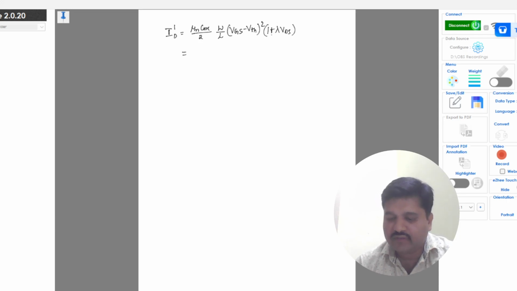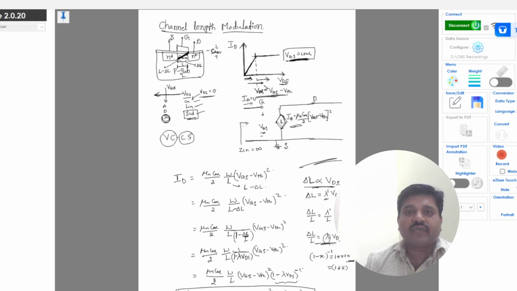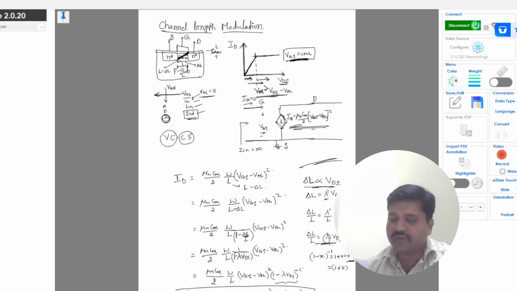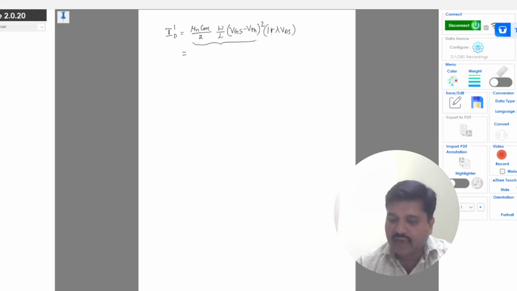This is nothing but the same as the saturation current equation we have represented here. So we are considering that part as ID into 1 plus lambda VDS.